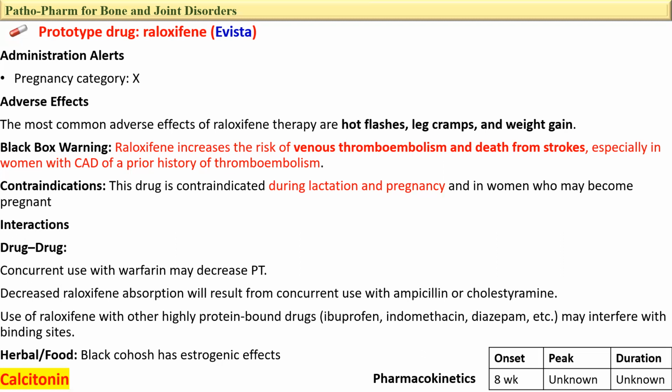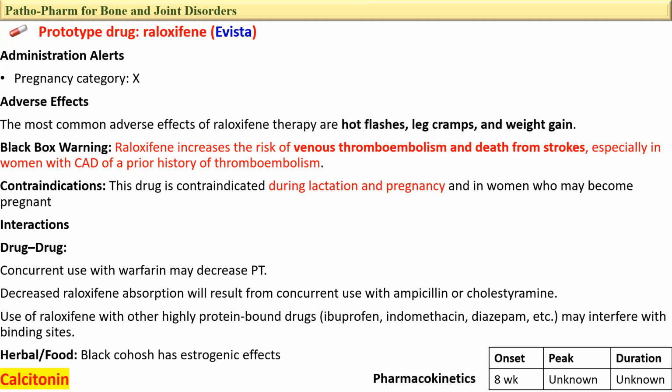There are other, less common effects like fever, arthralgia, depression, insomnia, chest pain, and peripheral edema. These occur less frequently as side effects, but the most common ones are the hot flashes, leg cramps, and weight gain.